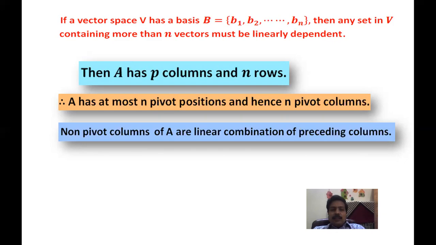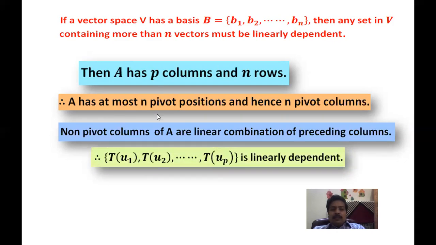So we can conclude that the set T u1, T u2 and so on T up is linearly dependent, since the vectors which are non-pivot columns in A are linear combinations of preceding vectors.